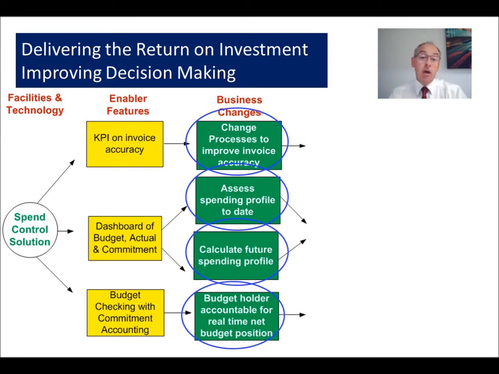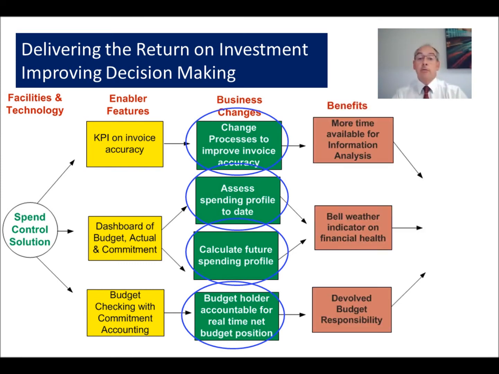Now if you recall from the diagram, we want to know what are the benefits. Well, the three benefits are, if we reduce non-conformance time, that should give us more time available to do information analysis. The second one, because we have the dashboard and we have the spending profile analysis, is we can get some bellwether indicators on our financial health and therefore take spending decisions that should reflect where we are today and not perhaps where we were 6 or 8 weeks ago, depending upon the last month end.